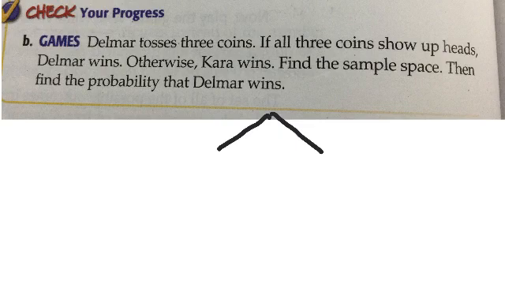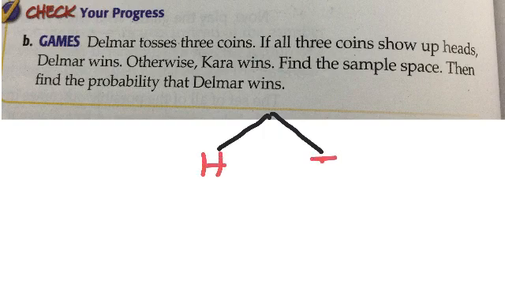So what's the first choice they have? Flipping the coin. And so what are the 2 choices? Heads or tails. So from that first choice, there are 2 possible outcomes.